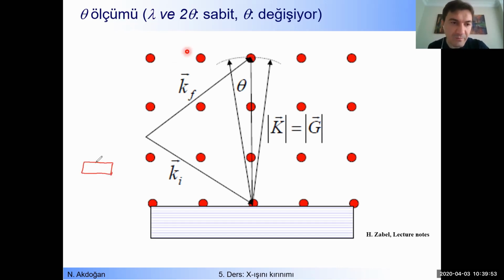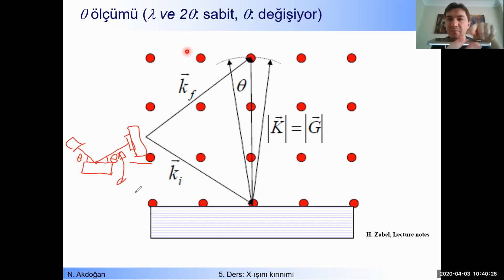Here we have the X-ray source, and it comes with some certain theta angle, and this is the reflection angle. The detector is waiting here. The position of the detector is fixed, so we just manipulate the sample. We just change the theta angle like this. This is the sample, this is the X-ray beam, and this is the reflected beam.